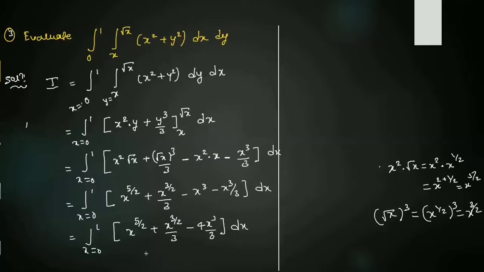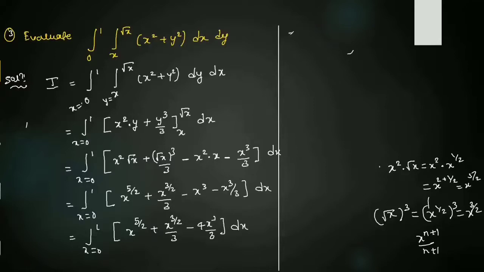So integrate with respect to x. What is the integration of x to the power 5 by 2? See, the same rule applies: x to the power n plus 1 divided by n plus 1. So what is 5 by 2 plus 1? 7 by 2.